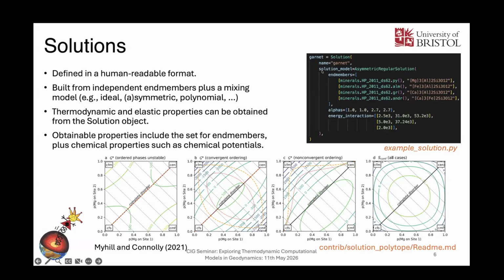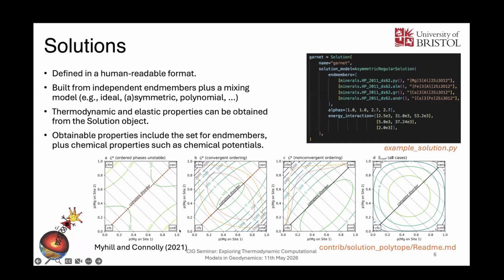Then for each one of the solution models, there are different terms. So for example, the asymmetric parameters, the Van Laar parameters, which are just called alphas here, and then energy interaction terms. So this, for example, is the energy of interaction, the first term here, between pyrope and almandine, and so on and so forth. And that, again, allows you to prototype various different things.